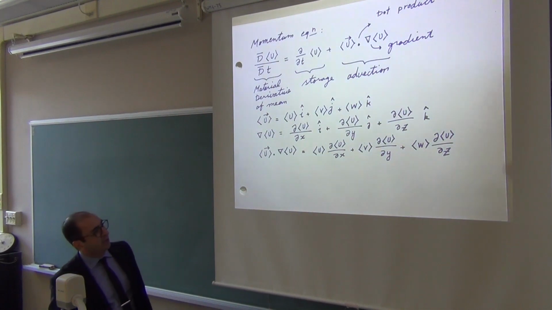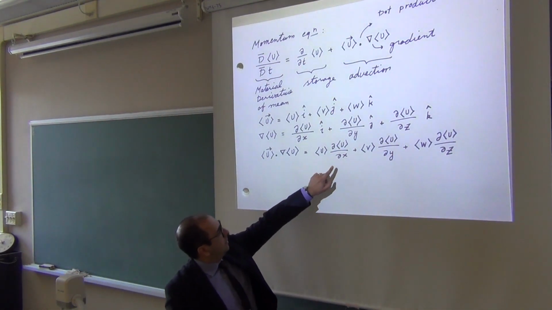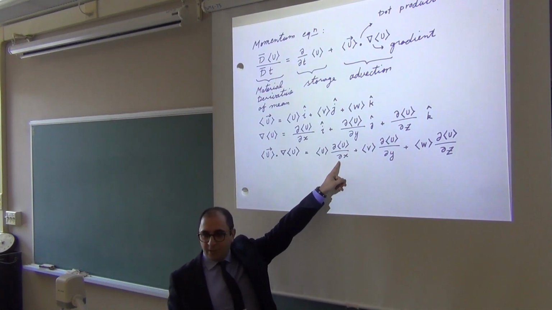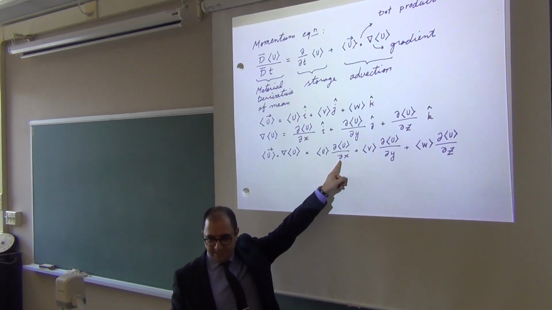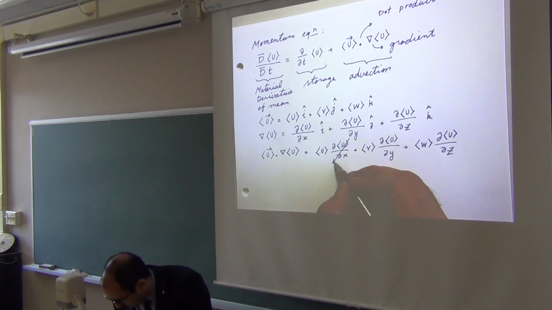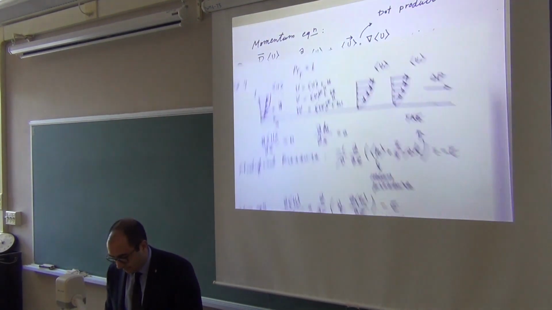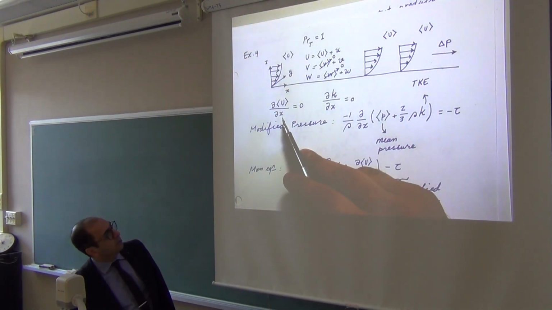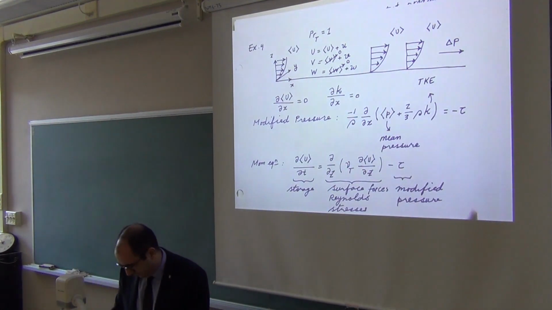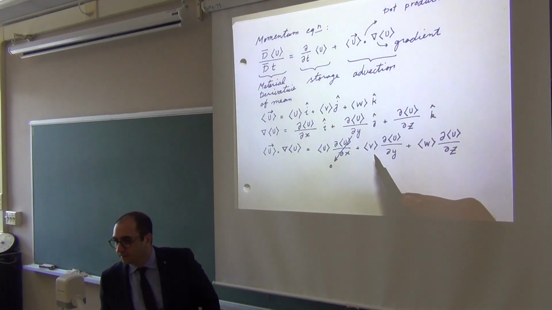Let's see which terms are 0 on the right hand side. Is u 0? No. Is partial u partial x 0? Yes. This is what I wrote here, right? Partial u partial x is 0. The profile is not changing in the x direction. So, is v 0?